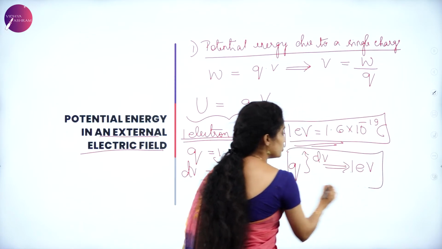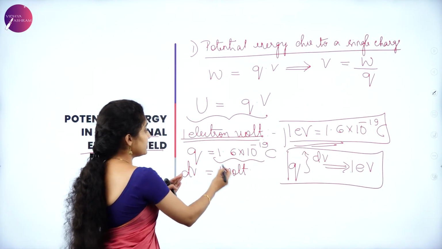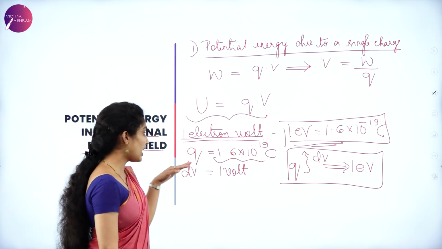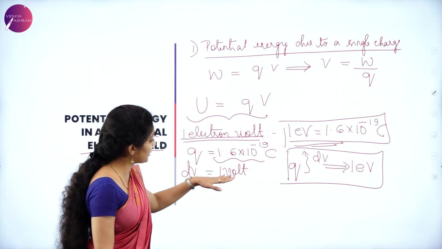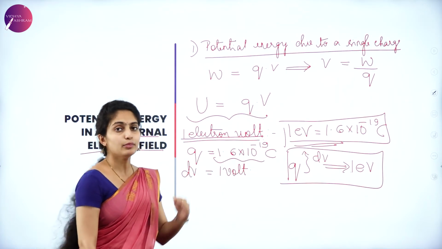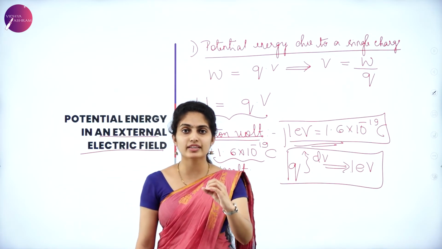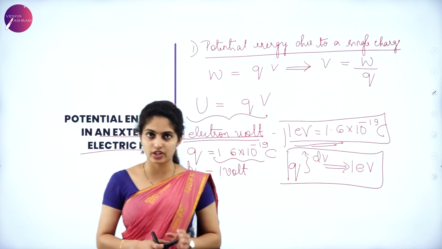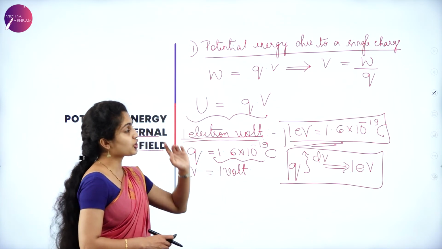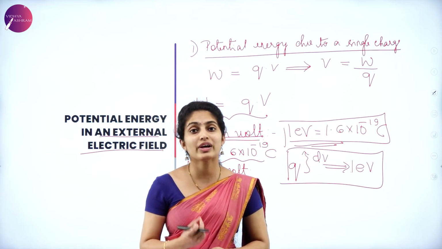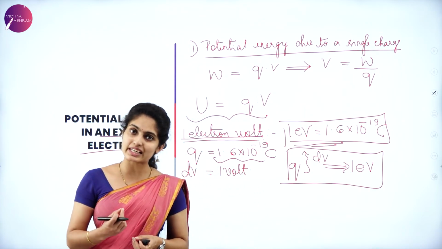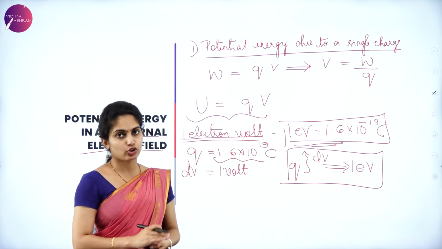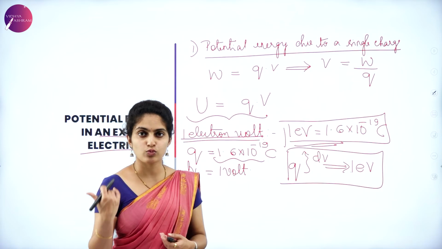So 1 electron volt means a charge of 1.6 into 10 to the power of minus 19 coulomb accelerated through a change in potential of 1 volt. That is all about potential energy due to a single charge, wherein the electron volt concept is introduced. So you will have to learn how to define 1 electron volt from this concept.